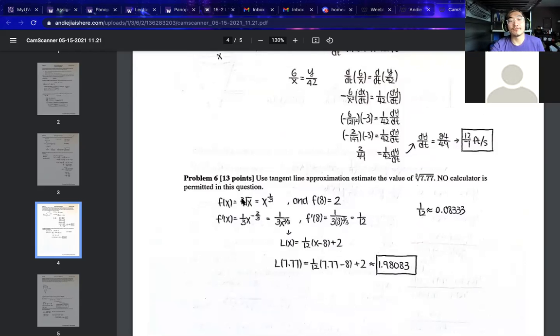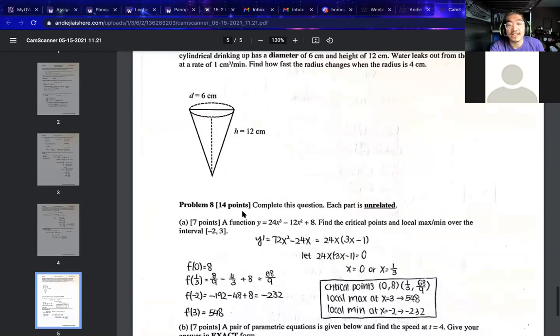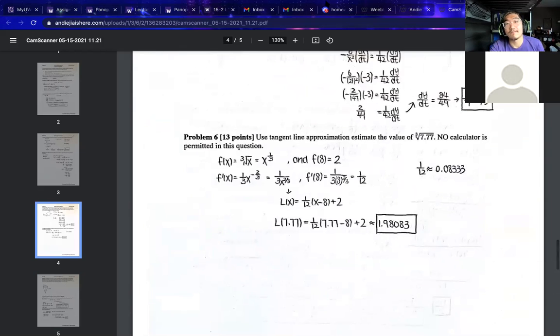We rewrite this as a power of 1/3, and to do it we find f(x), the original function, and f prime of x, the derivative. I have problem 6 and problem 8 left, so it will be quick.